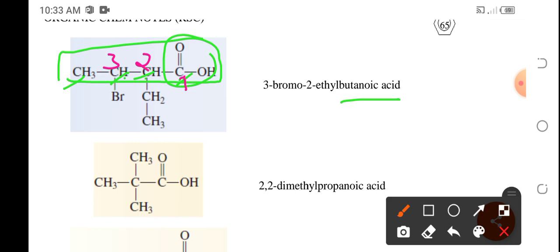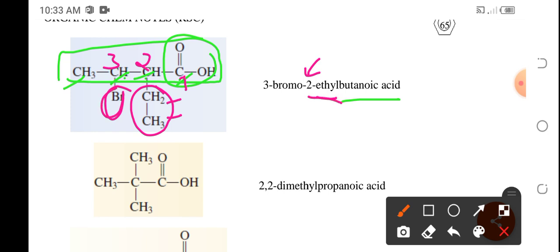So what is not included in the butanoic acid name? This one, a carbon group and a halogen. This substituent has two carbon atoms, so that is ethyl. It is attached on carbon number 2 of the parent chain, so we have 2-ethyl.